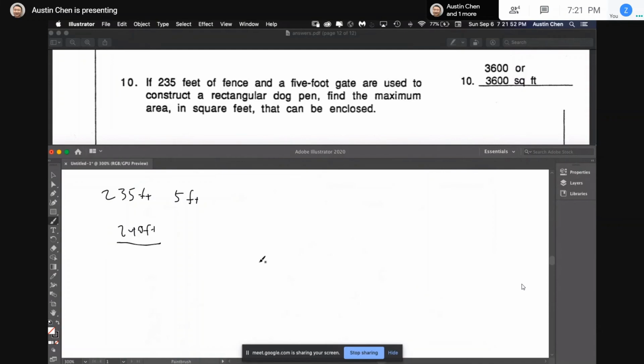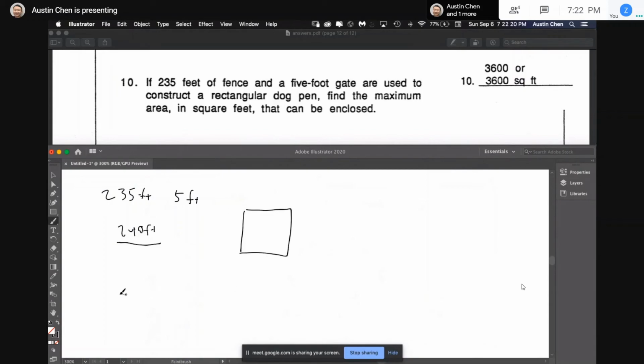So if you didn't already know, if you have a set amount of length of a rectangle and you want to maximize the area of that rectangle, the best proportion of size to use is a square. So you want to put it into a square. Now, why is a square the best area to perimeter ratio?